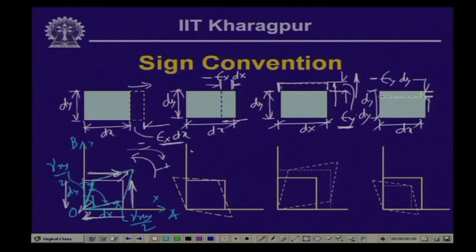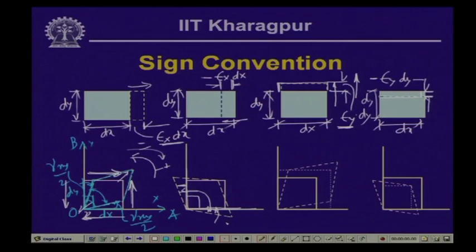Now, in contrast, if we look into the strain which is a negative one, here the angle between the two axes OX and OY was 90 degrees. Now, because of the strain it has increased. This increase is due to the shearing strain, and this we define as the negative shear strain.